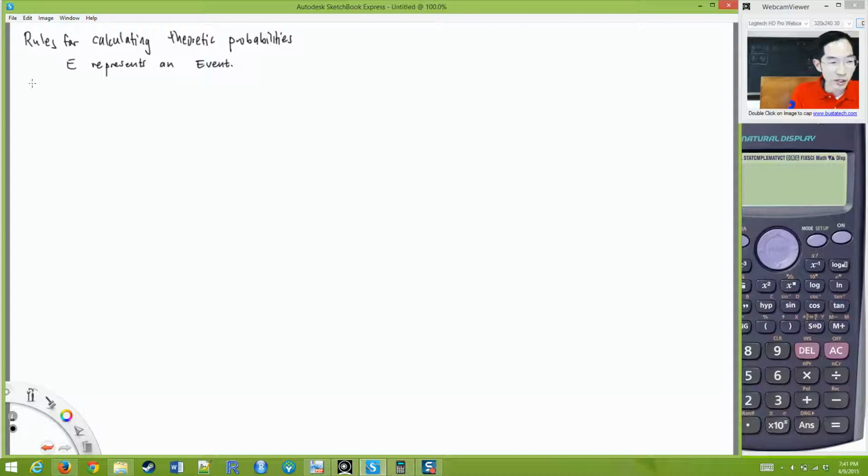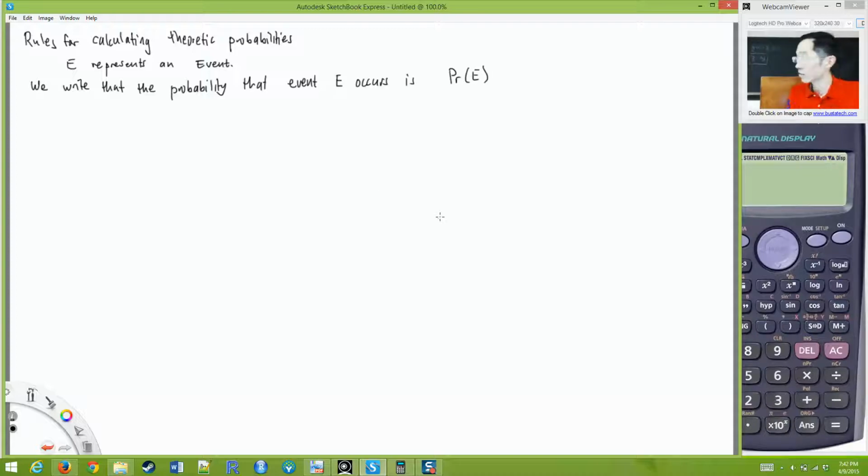And we write that the probability that event E occurs is probability of E. One rule is that the probability of E is always between 0 and 1 inclusive.